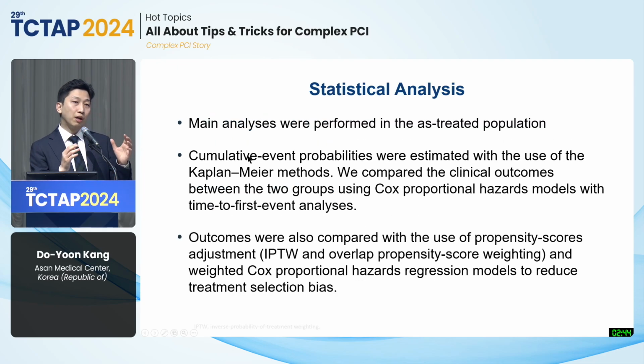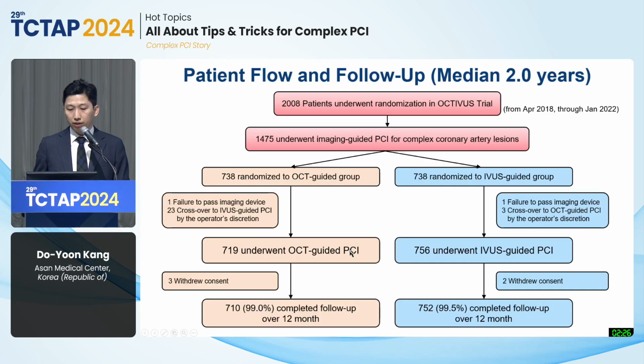Because this is a subgroup analysis, the main analysis was performed in the as-treated population from the whole OCTIVUS population, and cumulative event probabilities were estimated with the Kaplan-Meier method. Outcomes were also compared with the propensity score matching method.